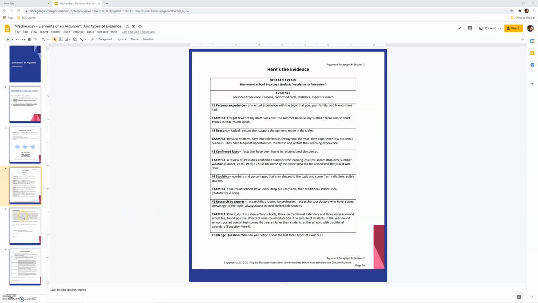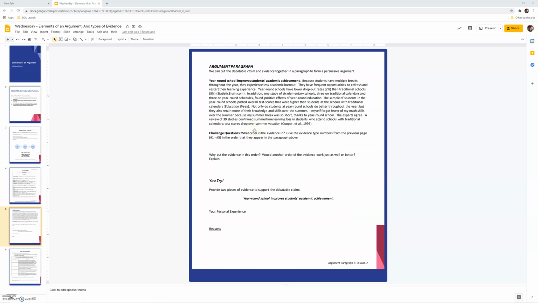So now let's take a look at the assignments that you're going to be working on for the day. In this assignment right here, you are tasked with looking through this paragraph and identifying the pieces of evidence that have been included to support the debatable claim that begins the paragraph in bold. Once you've identified the pieces of evidence, you need to decide what kind of evidence it is and what order it's in.